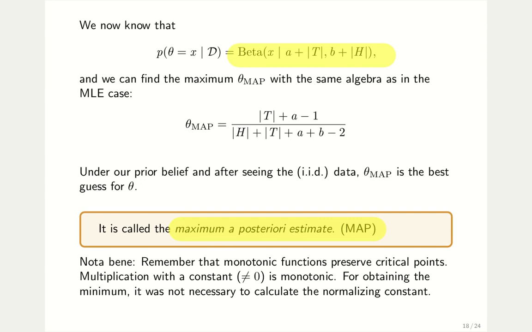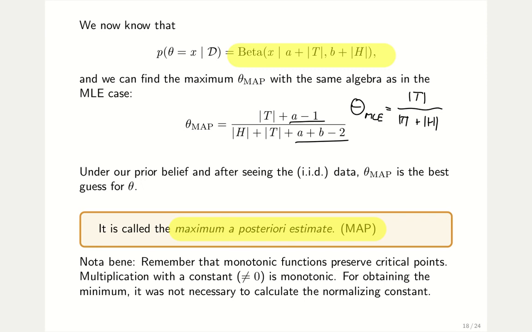If you compare this maximum a posteriori point estimate to the maximum likelihood estimate, you see that it's actually quite similar. Let's recall that the maximum likelihood estimate was the number of tails over the total number of flips. This term pops up in the maximum a posteriori again, except that it's corrected with our prior belief.